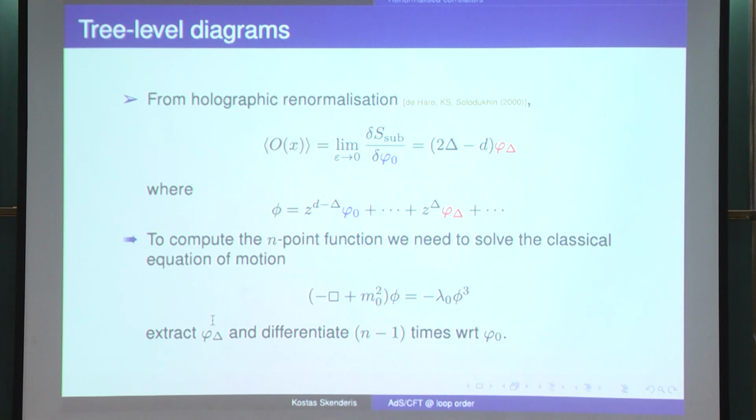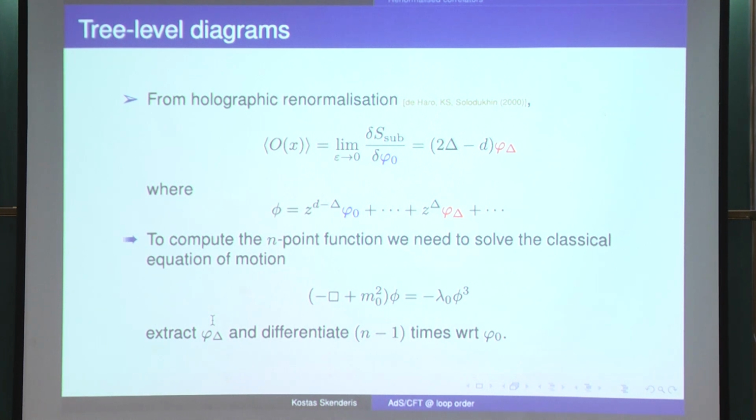Okay, so holographic renormalization that we reviewed earlier follows what I give over here. If you vary this subtracted action with respect to phi naught, and then remove the regulator, then the answer is finite. And the answer is given by this formula over here, where phi delta is the term that appears at order z to the delta.